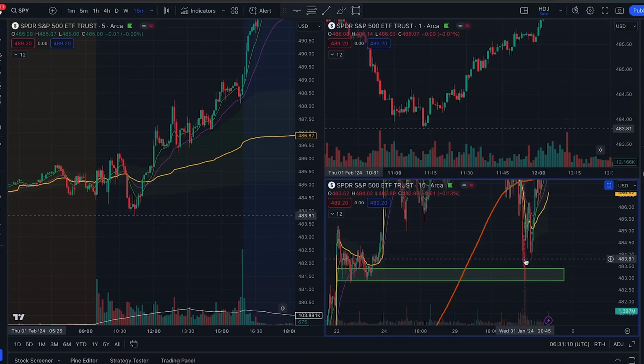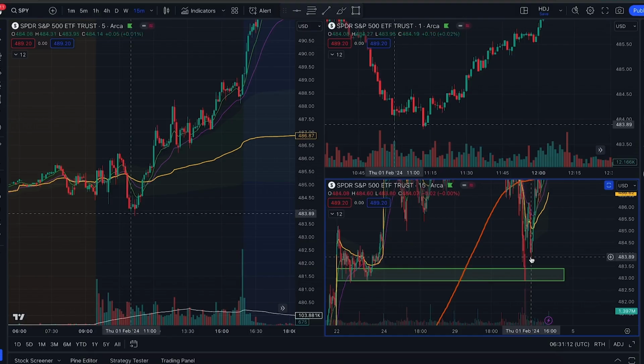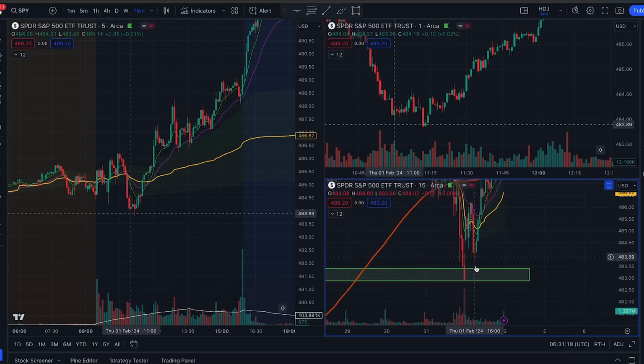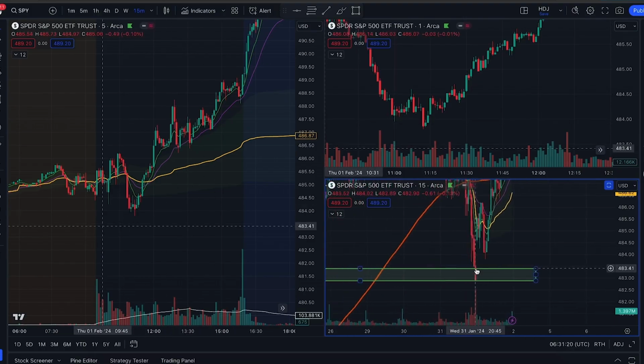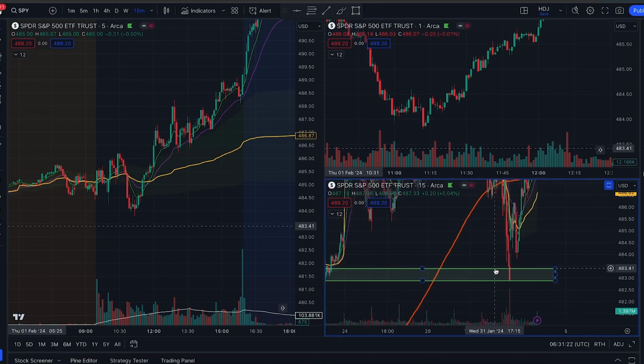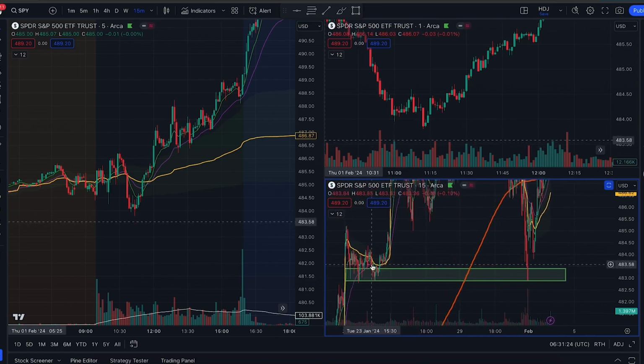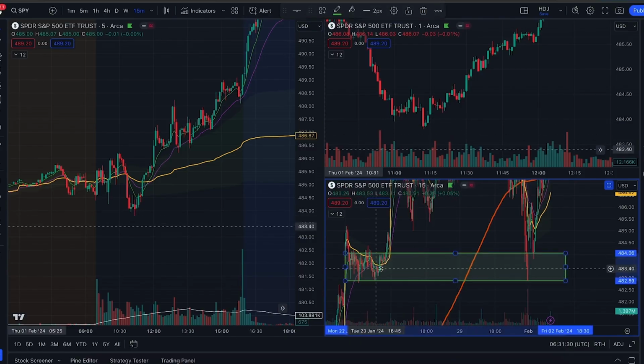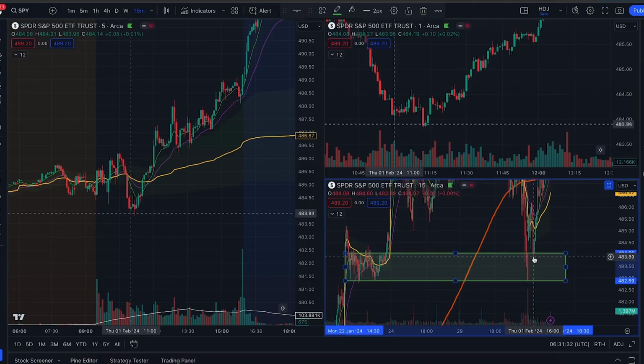So this was Wednesday. This was Thursday today. All right, so it didn't quite come back to this box. However, it came close to the box and it's still in this zone. So even if you brought this up a little bit to cover all of this, it tapped into this zone and went up.